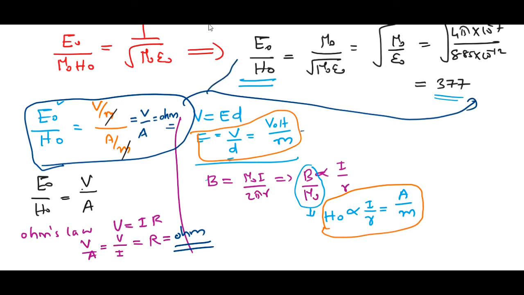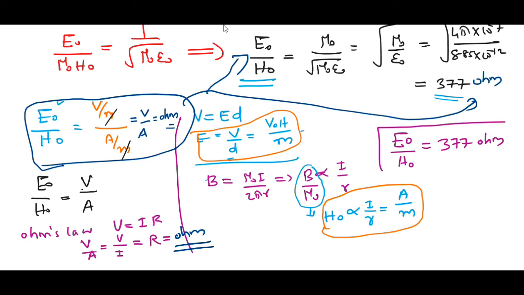Here also we have the E0 by H0. This unit is ohm. That is, this value has a very interesting significance. That is, E0 by H0 is 337 ohm.